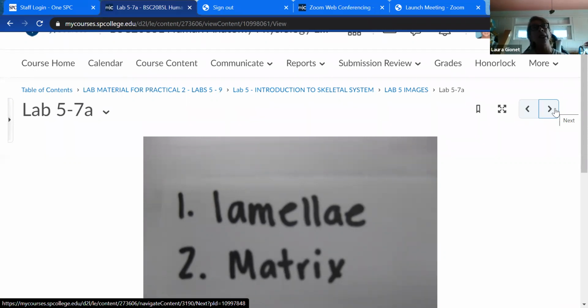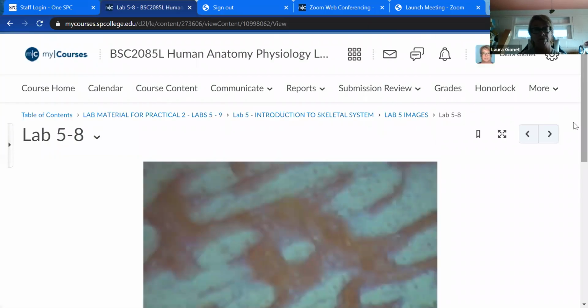So if I do ask you a question, I'll ask, what are these rings of matrix? And then it's lamella. If I ask you, what's that hard yellowy substance? Then it might be matrix. And that's how you distinguish between the two. But I don't ask that frequently.